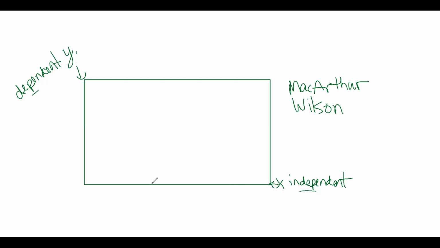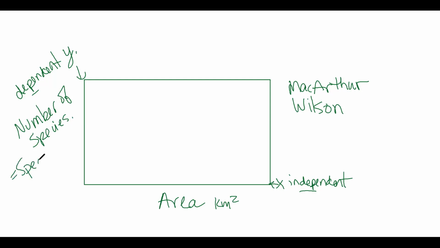In this case, our x-axis is going to be the size of an area. It could be square kilometers or square meters; in our case, with this lab, it's going to be square centimeters. This is a fairly intuitive relationship between the number of species and the area. On the y-axis, we have the number of species, which is also called species richness.